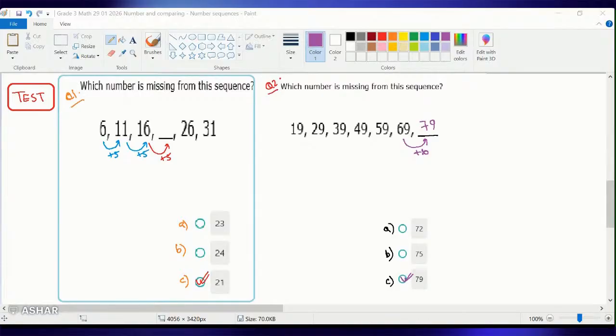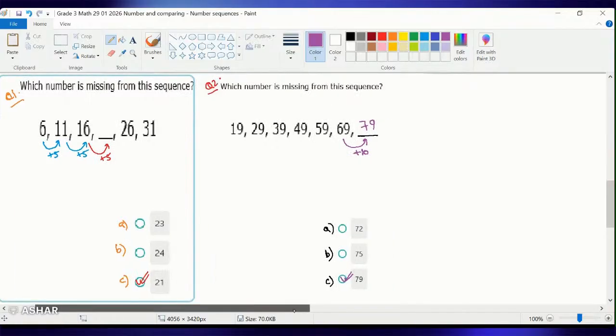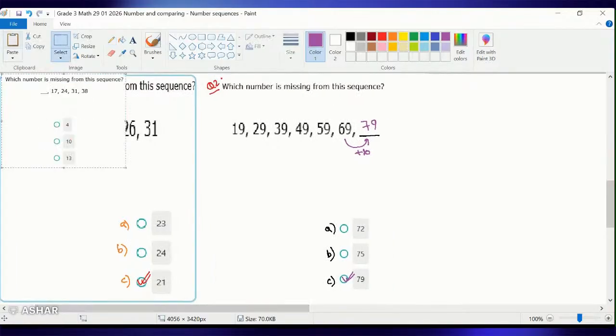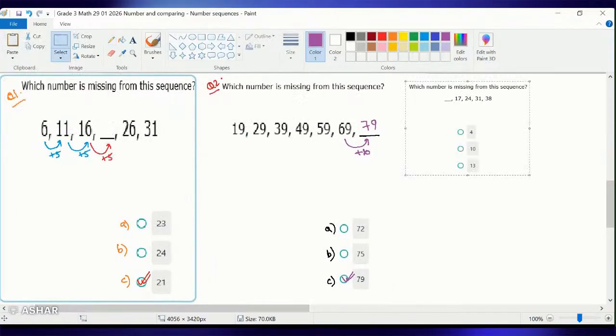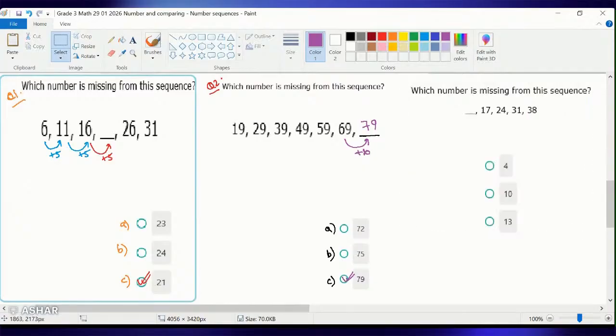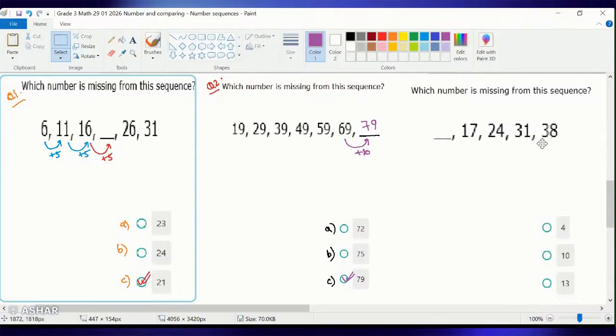For question number 3, it says, which is the missing number in the given sequence? Let me just post it over here. This is our question number 3, and these were the options given to us, and this is the sequence given to us.